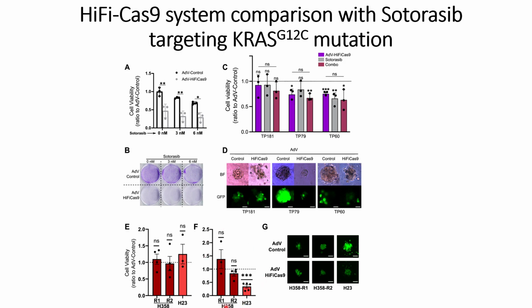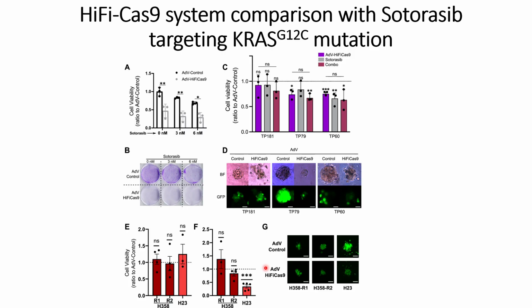But when they use the 3D culture model, they see a significant difference in cell viability of up to 60%, and this cell viability is related to the tumors. So they see a significant decrease in tumor cells to about 60% in the 3D model.